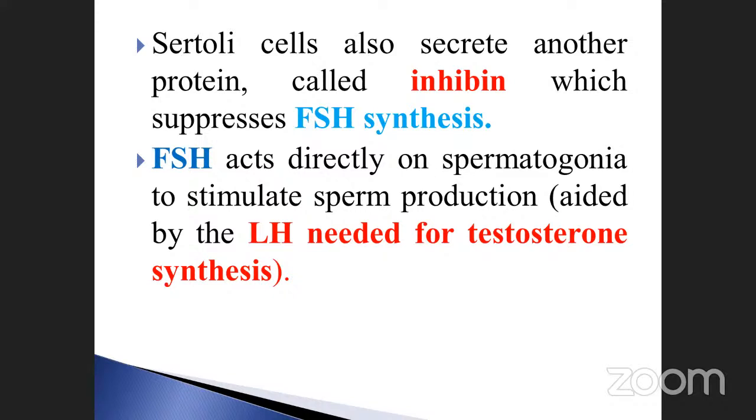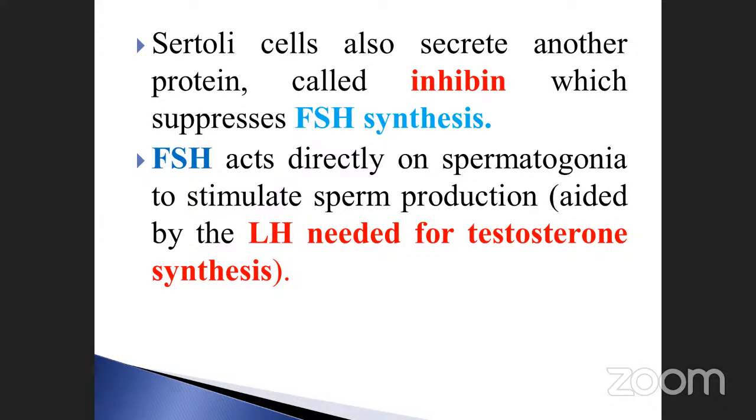Okay, suppose if there is overproduction, what will happen? Automatically, the inhibin protein molecule secreted by the Sertoli cell inhibits the FSH synthesis. Normal FSH also acts directly on spermatogonia, the sperm producing mother cells, to stimulate the sperm production.